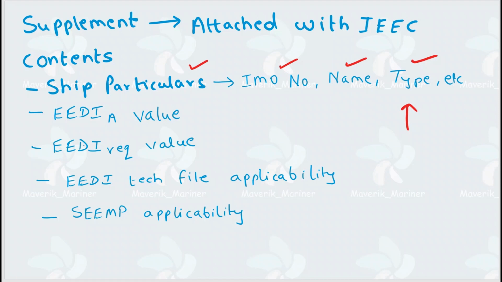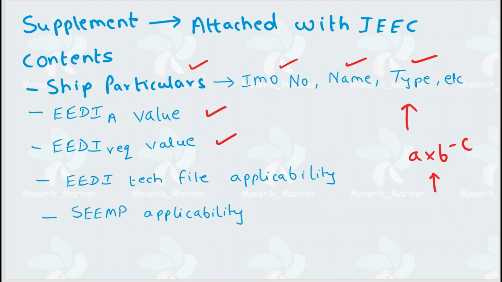You remember A into B minus C is the EEDI reference value, which is dependent on type of the ship. This supplement will also have the value of EEDI-A, that is the EEDI attained value. Then EEDI required value is also there.